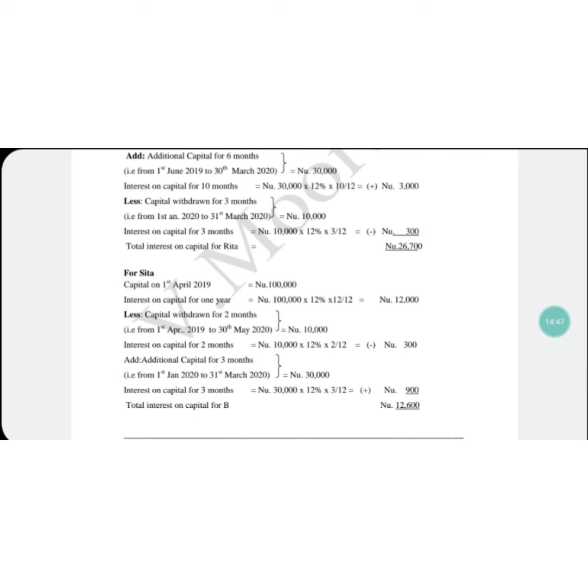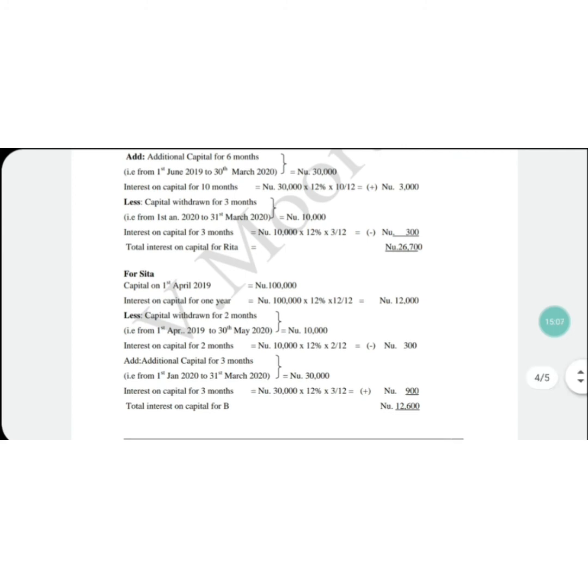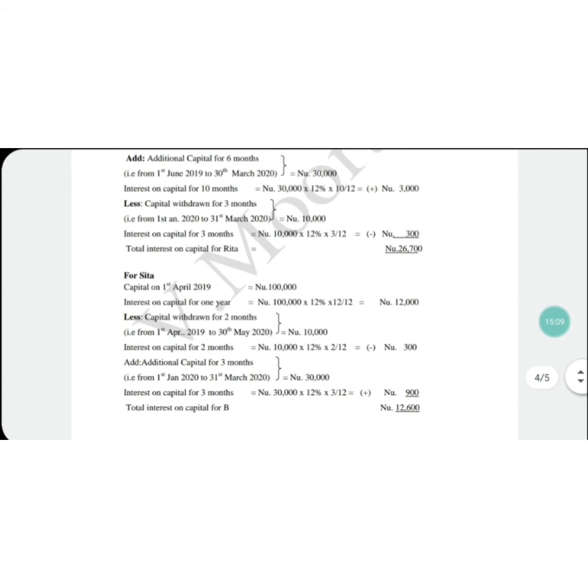Capital withdrawn by Sita on 1st April is 10,000. When capital is withdrawn, it has to be deducted. So the interest on capital for 2 months equals 10,000 times 12% times 2 divided by 12, which comes to 200.